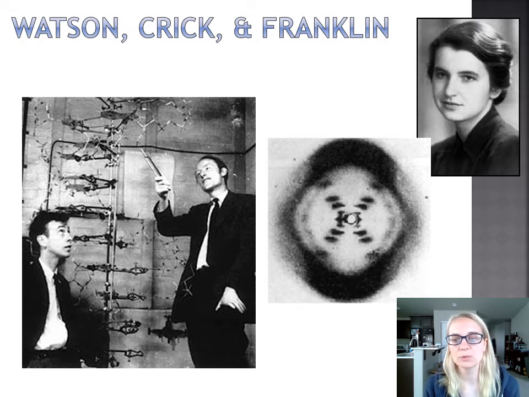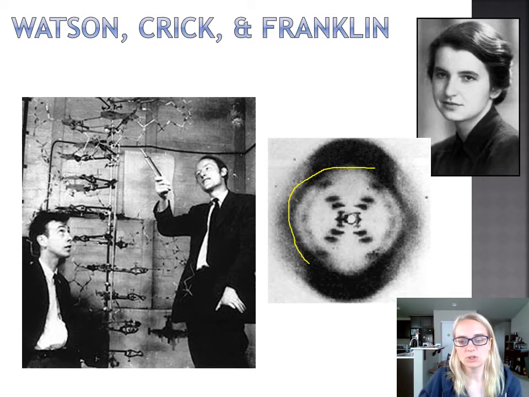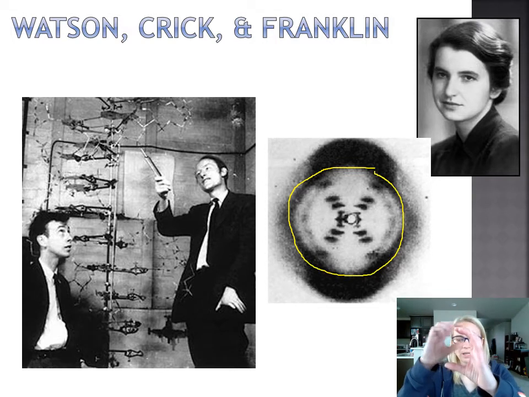But I also have pictured Rosalind Franklin here, who specialized in X-ray diffraction crystallography, which is this picture here. So the idea is this is the outer edge of the DNA. It would be like if you're taking a double helix DNA and looking at it down the tube, if you will.